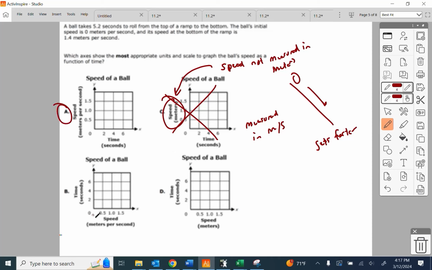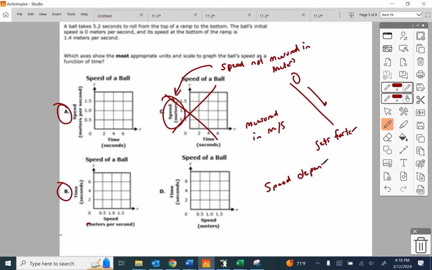This one doesn't make sense because the bottom should be time. I guess there were two choices, all right? So there's your two choices. They mention how you measure speed. Now, in a perfect world here, speed, because of this setup, the more you roll downhill, the faster and faster you go.